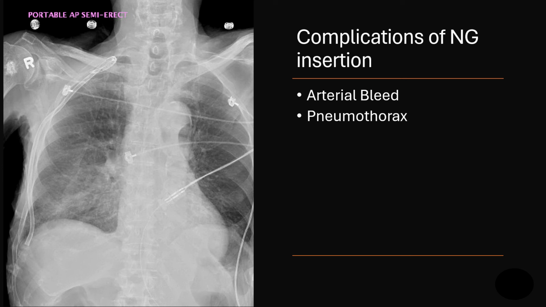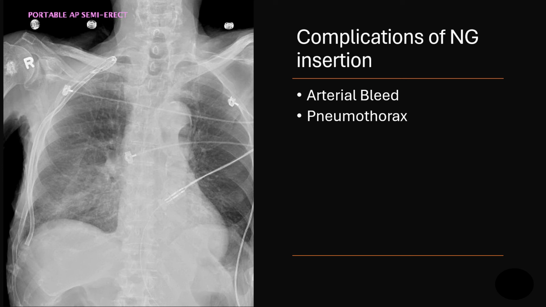So for prompt evaluation, you want to pull that tube out, and then you want to get a chest X-ray immediately after, and see what the lung's looking like. In this case, the patient ended up having a pneumothorax, which is fine. You can place a chest tube and treat the pneumothorax that way. If there was a bleed in the lungs, you may need to go in and do a bronch. You may need interventional radiology depending on how bad the bleed is, if they decompensate, all of this.